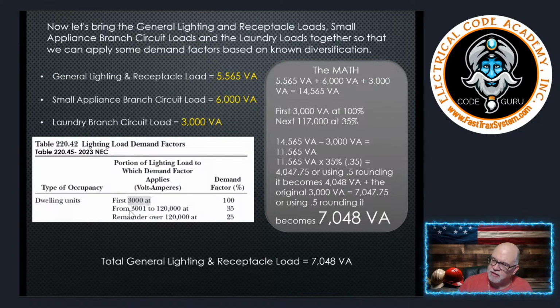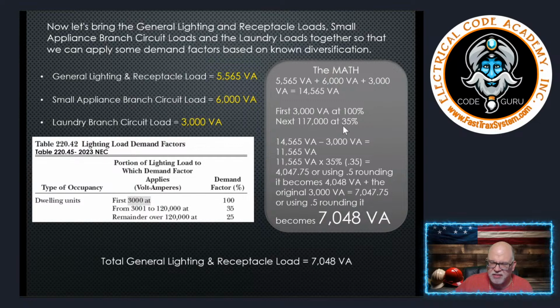Here you see it says the first 3,000 at 100%. So we know that of that 14,565, at least 3,000 of it is at 100%. We're going to take that 3,000 and set it aside. Now, from 3,001 up to 120,000, which our dwelling falls well below, we're going to take that remainder at 35%.